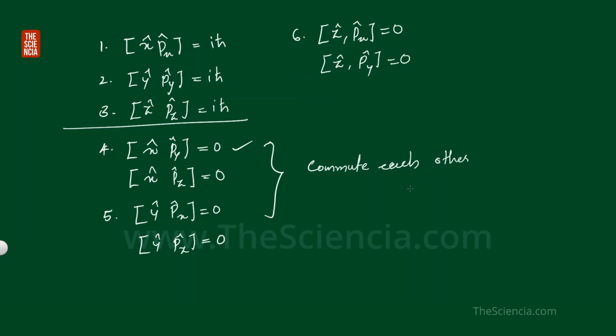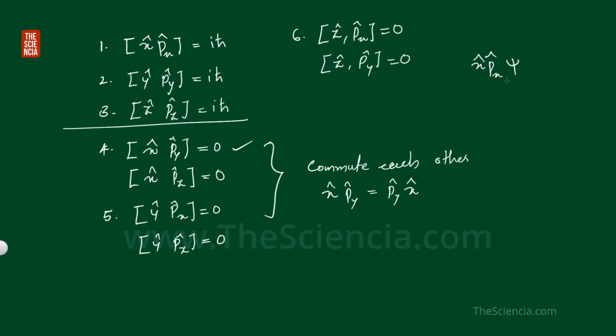What does it mean? That is, x cap p cap is equal to p cap x cap. Here these are operators, right? Suppose x cap is an operator operating on some state psi.